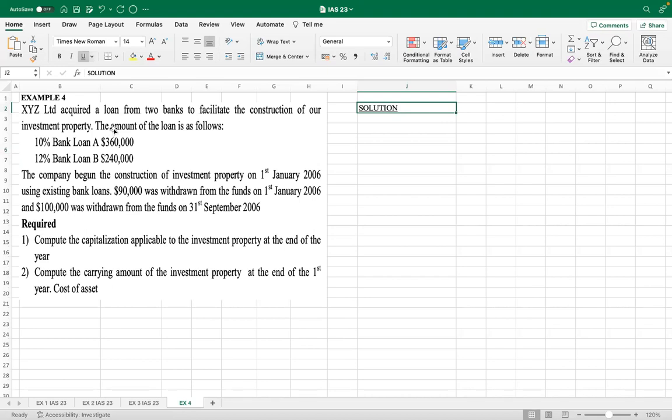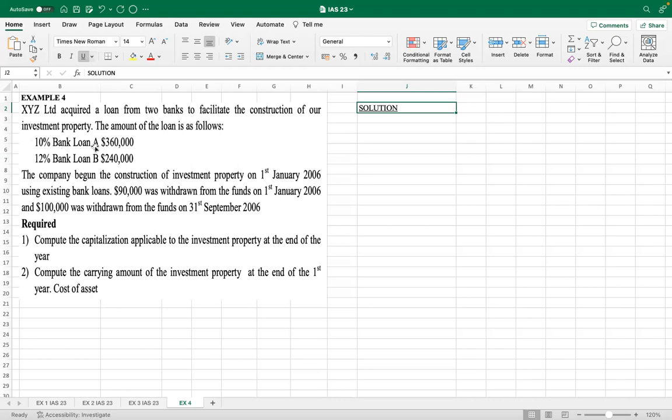I'm reading here. XYZ acquired a loan from 2 banks. Please note that in your free time, you will practice the August 2021 question number 3B so that you can attempt a question like this. So this company borrowed a loan from 2 different banks.